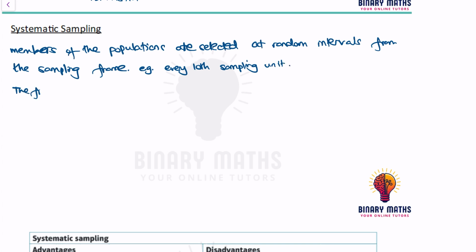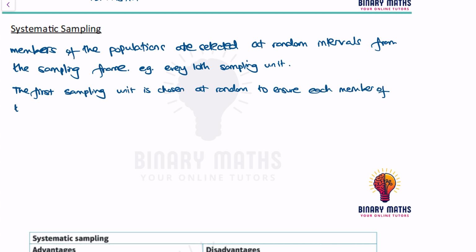The first sampling unit is chosen at random to ensure each member of the population is equally likely to be selected.